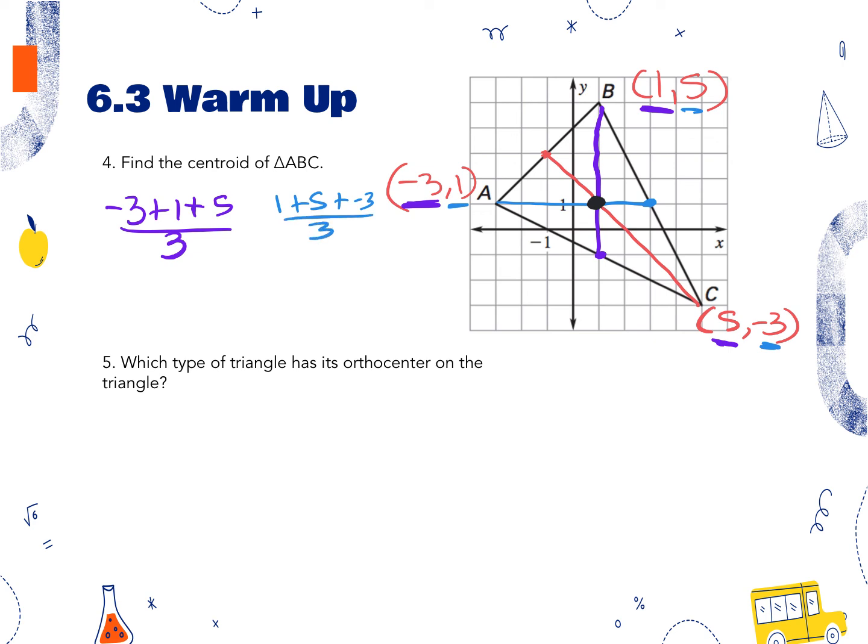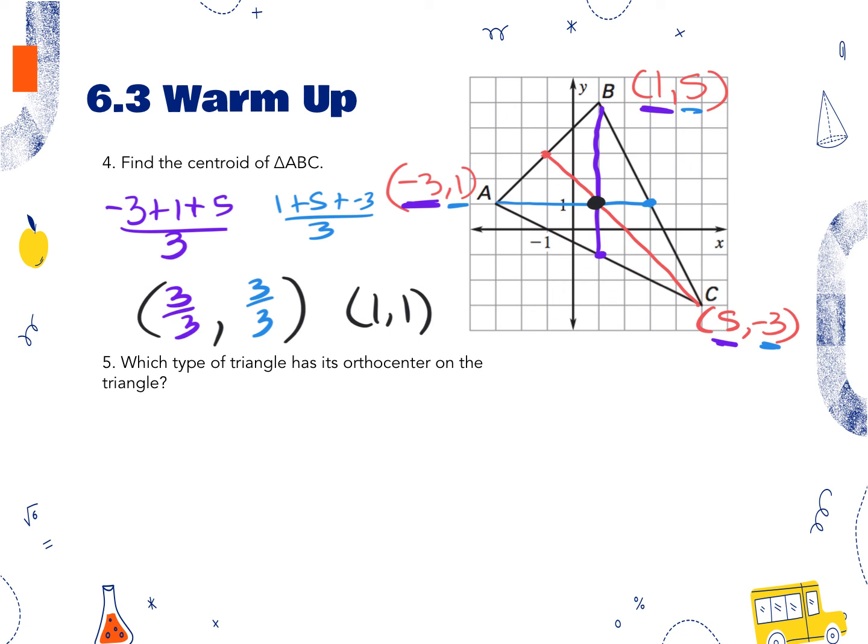The purple gives me 3 over 3. The blue gives me 3 over 3. Once I divide, the ordered pair is 1, 1. So you can do the trick. If it only asks you to find the centroid and not actually graph it and draw in the medians, you can do it that way. This is especially beneficial to do the trick when it's a fraction.